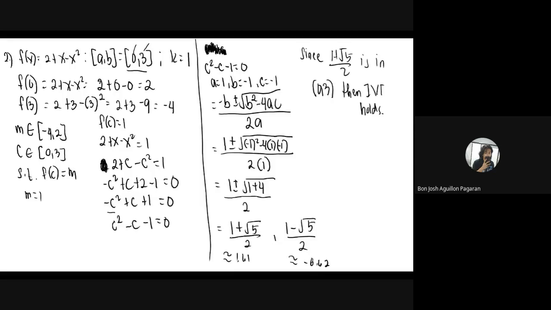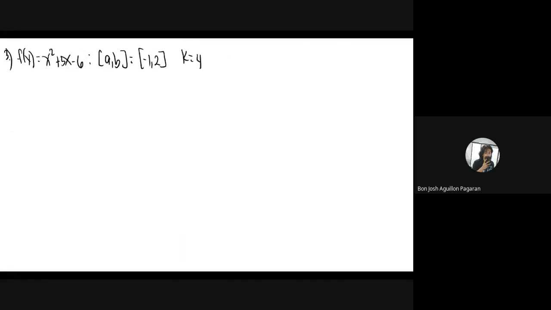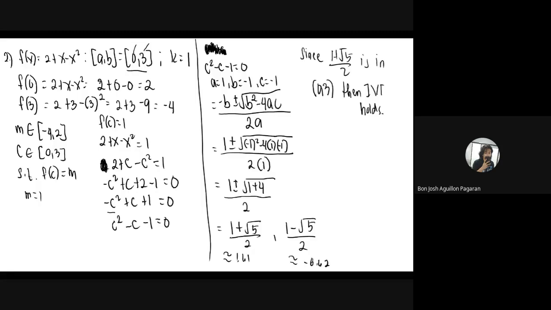Yes, Miko, dalawa yung makukuha dyan kasi definitely dalawa talaga dahil quadratic siya. Pero titingnan mo dyan kung parehas ba yung value na nakuha mo, nag-satisfy ba siya parehas kay IVT. Ibig sabihin na nag-satisfy, nandito siya sa loob. Nasa negative 1, 2 ba siya? Kung ang sagot ay yes, yung dalawa ang sagot. Pero kung ang sagot ay no, tingnan mo kung sino lang sa dalawa.